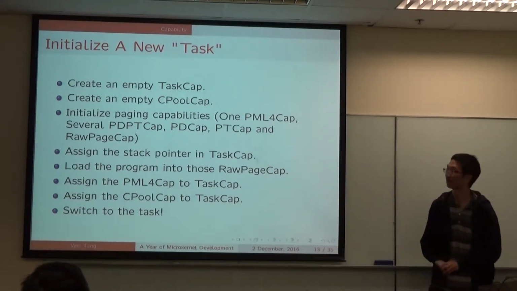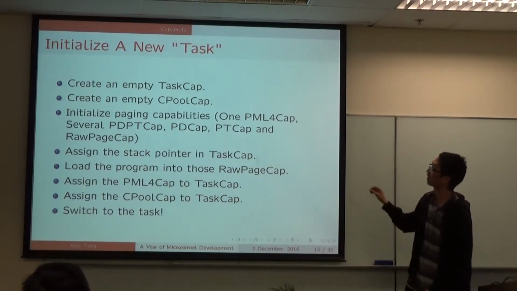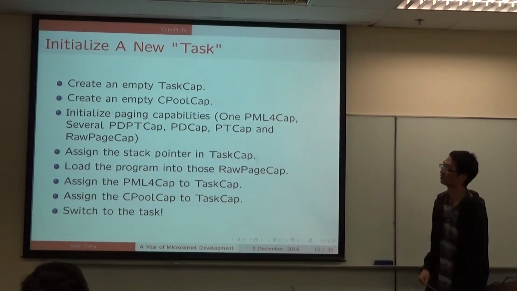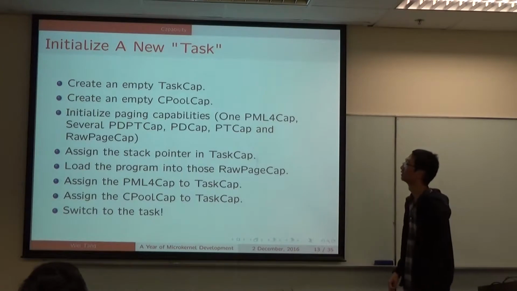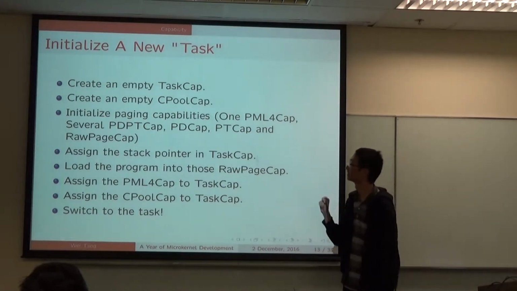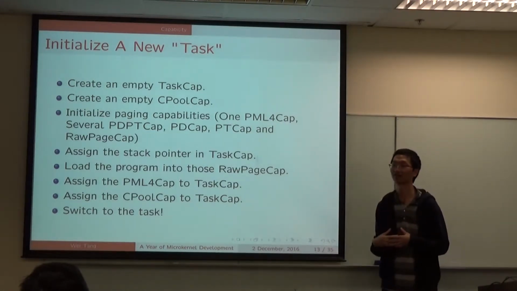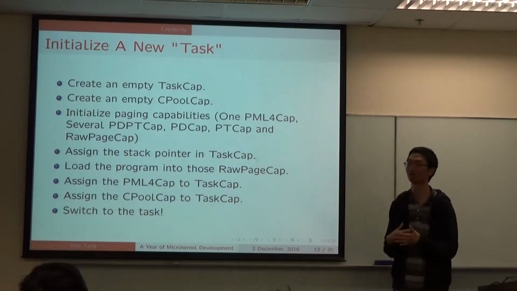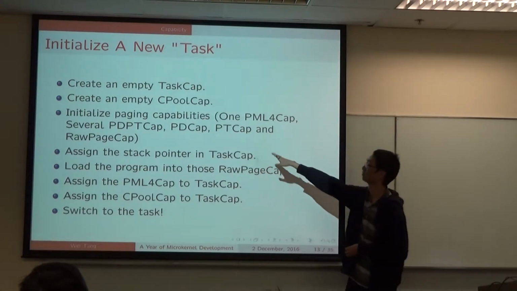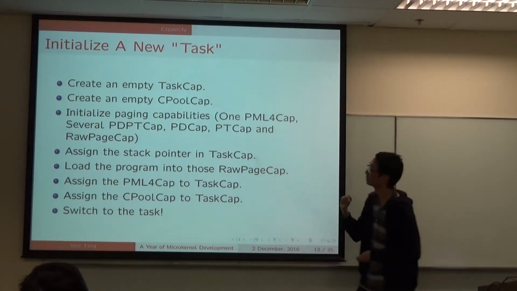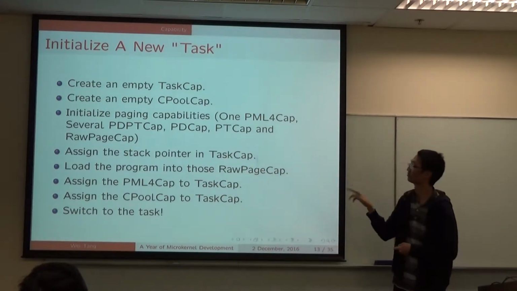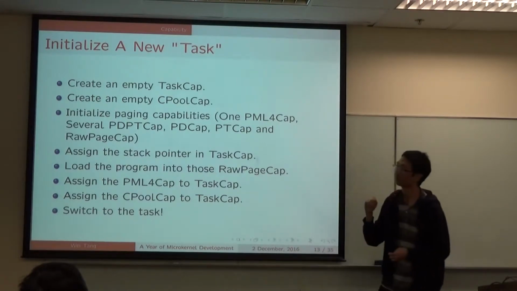So how do we use those capabilities? This is how you create a new task, or a new process, in seL4-like Rux. First you create an empty task cap, and then an empty CPU cap, with a capability pool to hold different capabilities. Then you initialize all the paging capabilities: one PML4, and on top of that, different PDPT, PD, and raw page capabilities.